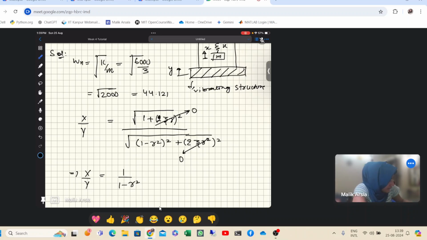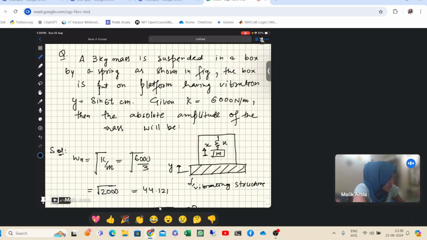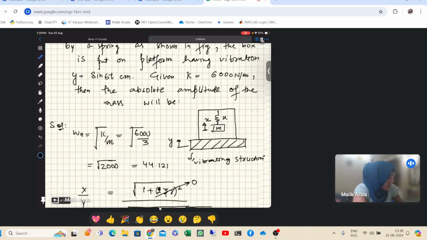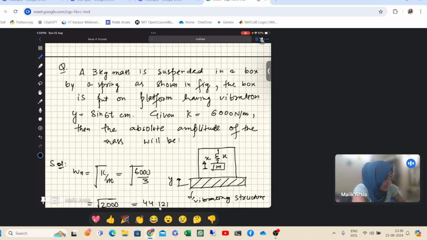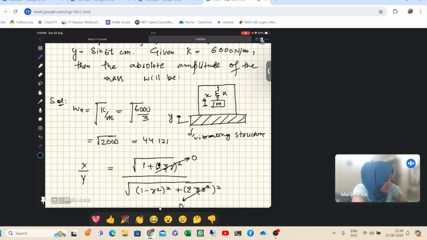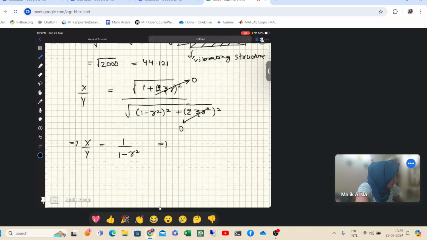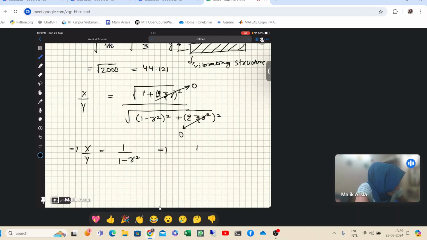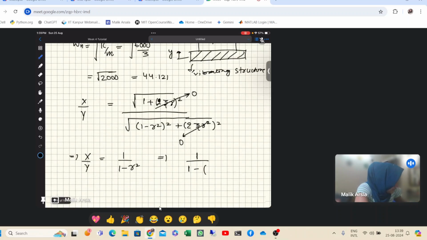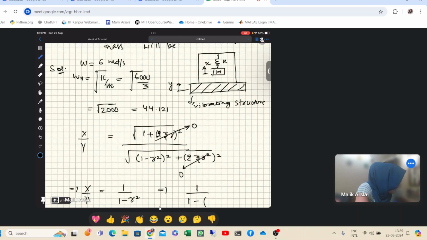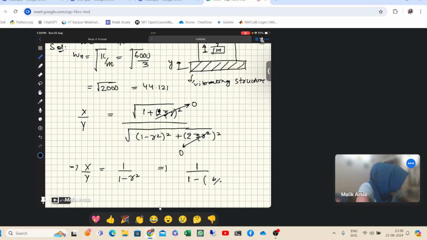So now what we have been given is y. So y amplitude is 1, and omega is 6 here because it's sine 6t. So let me write it here only that omega is 6 radians per second. Okay, so it will become 1 upon 1 minus r square, where r is omega upon omega n, so it will be 6 upon 44.12 whole square.